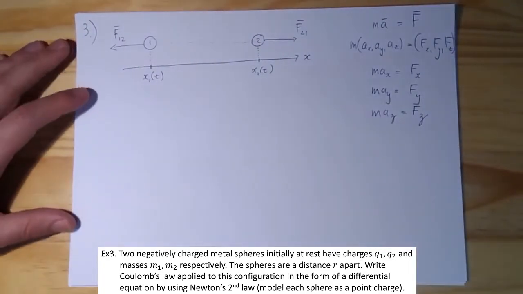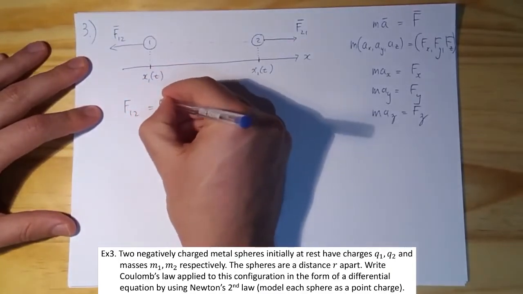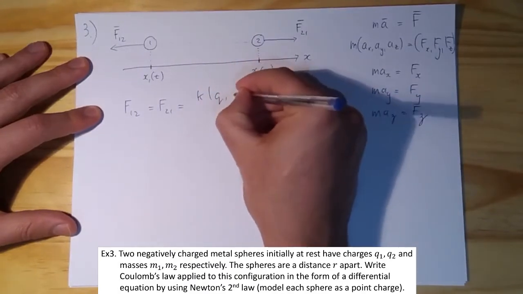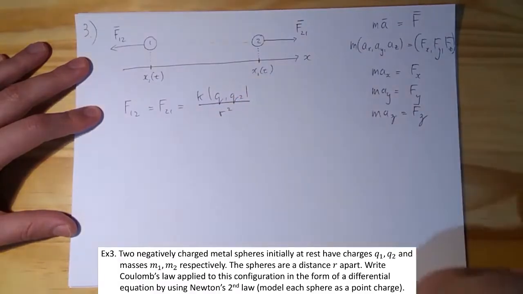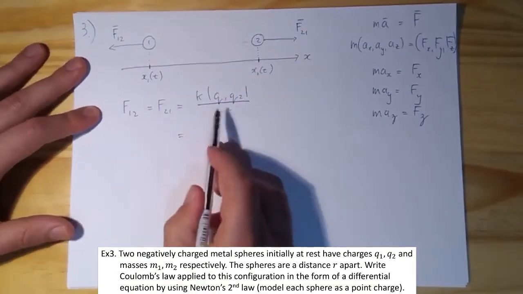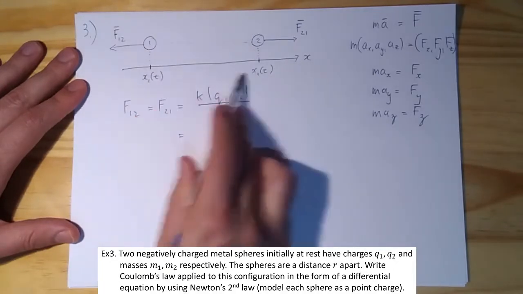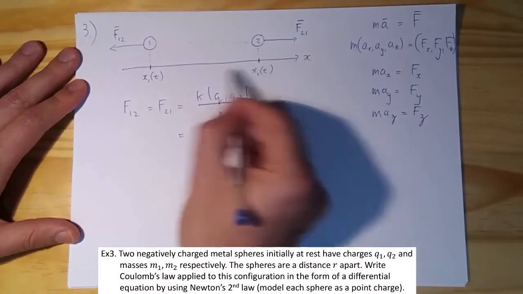And I know what the magnitude of these two forces is. F21 is equal to k times, all right, this is high school stuff, Q1 Q2 over the distance between them squared. The distance at any t between them will be the difference between the two displacement functions. This distance is the difference between these two, x2 minus x1.